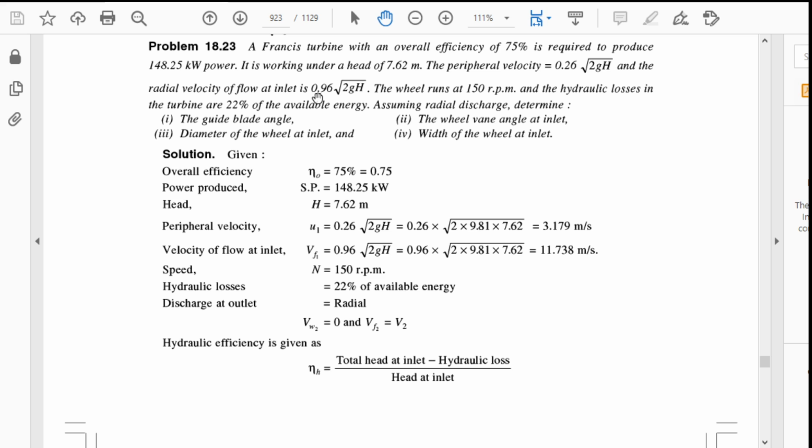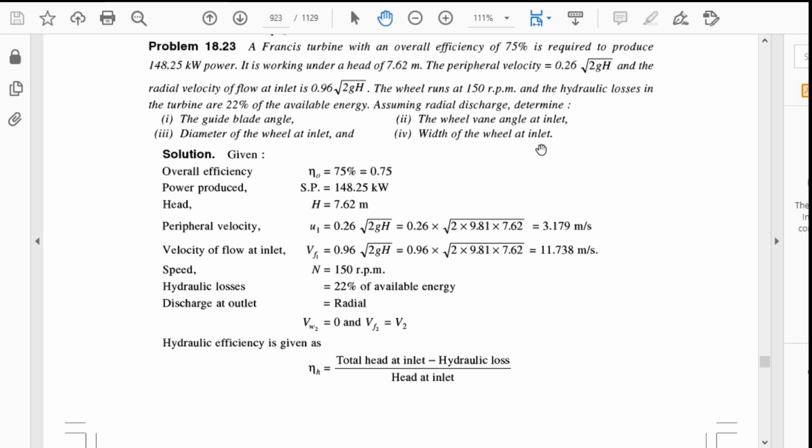The wheel runs at 150 rpm, and hydraulic losses in the turbine are 22% of available energy. Assuming radial discharge, you have to determine the guide blade angle, the wheel vane angle at inlet, diameter of wheel at inlet, and width of wheel at inlet.